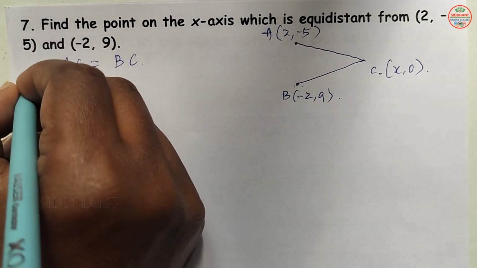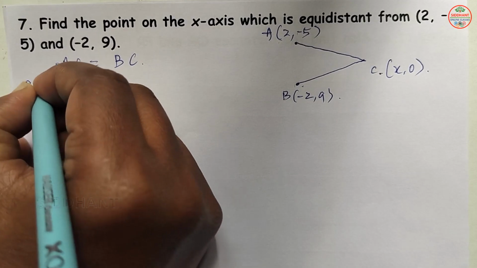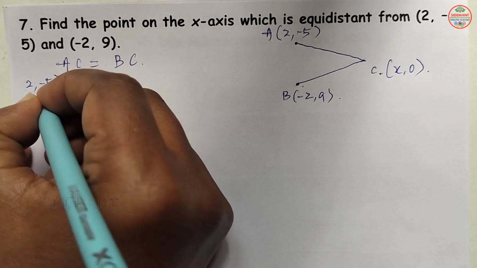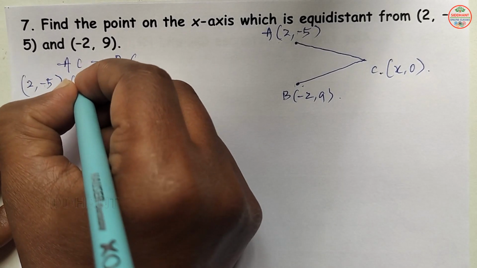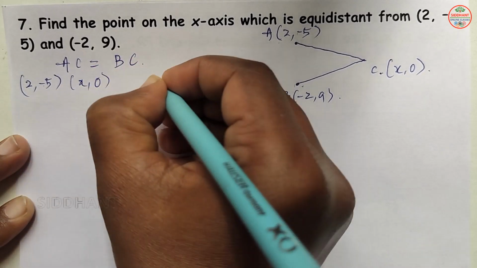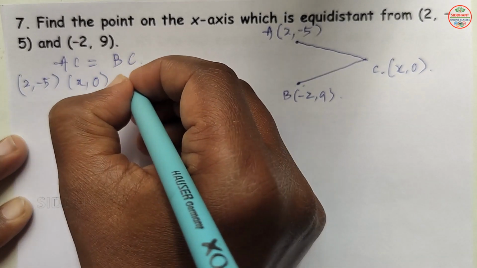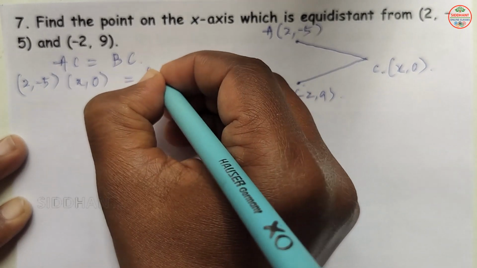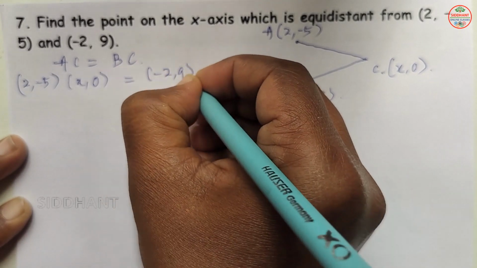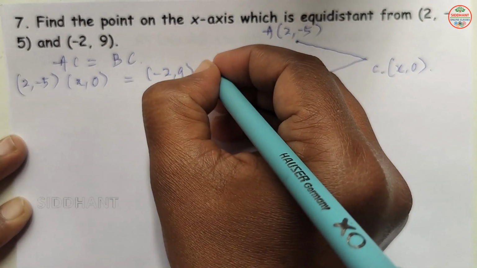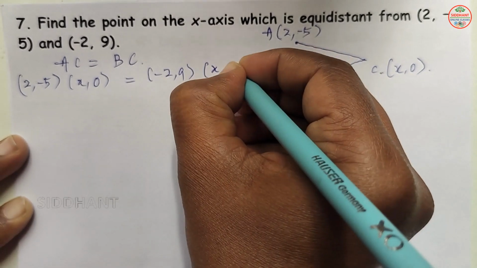So AC means the points (2, -5) and (x, 0), and BC means (-2, 9) and (x, 0).